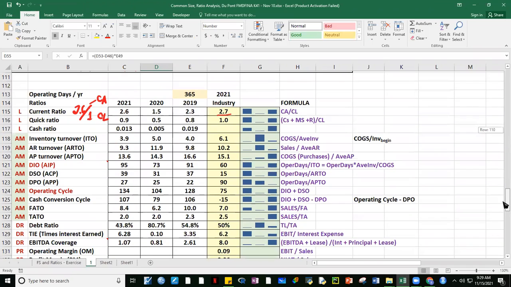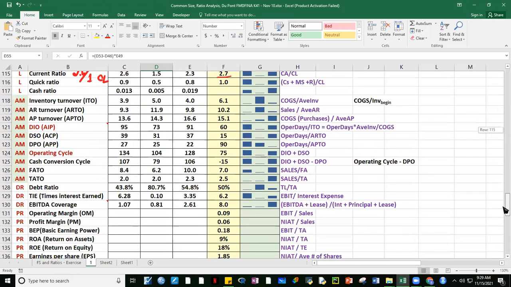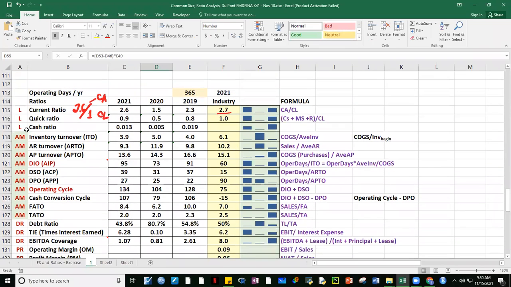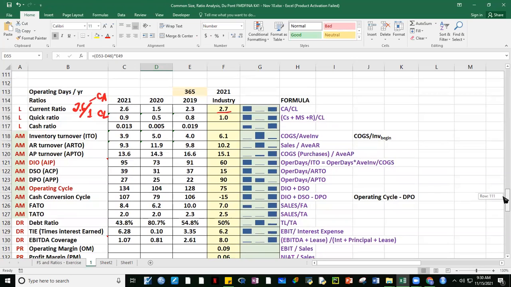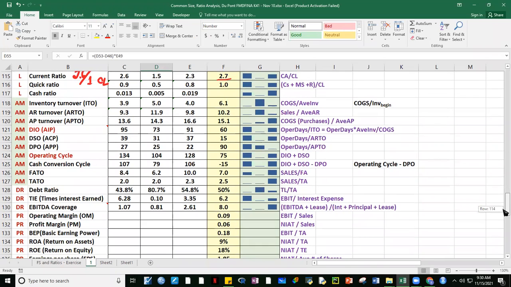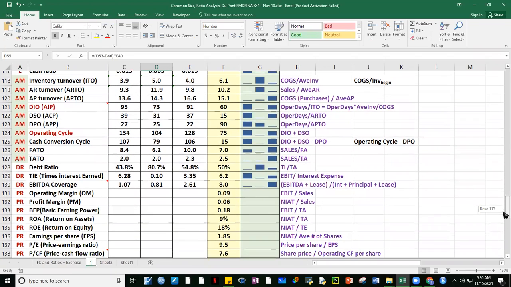So last time we started doing the ratios. We say that there are 5 major types of ratios that we look at. The liquidity ratios tell us of the company's capability to pay its current obligations as they fall due. Then you have asset management ratio, which tells us how efficient the company is in utilizing its assets, its current assets, its working capital, and also its long-term assets.